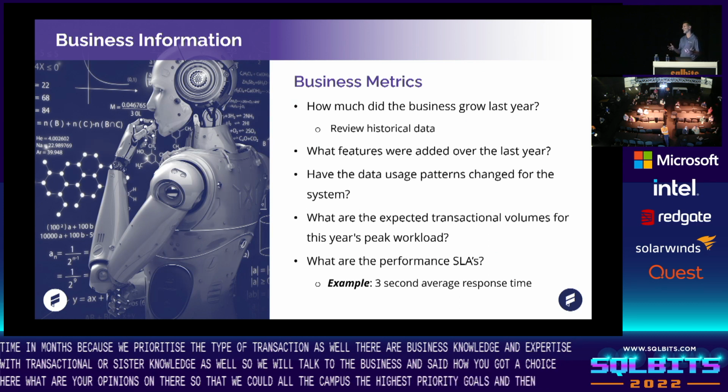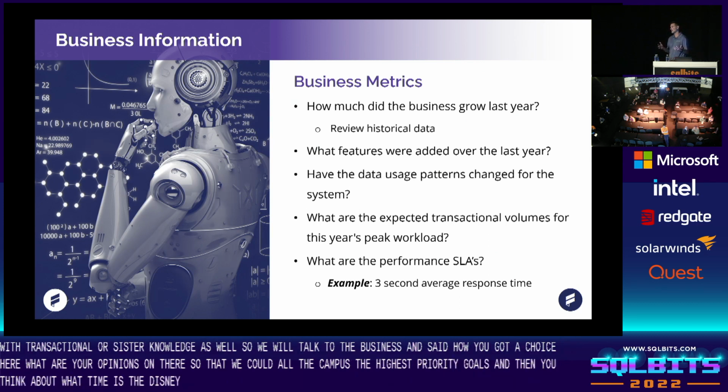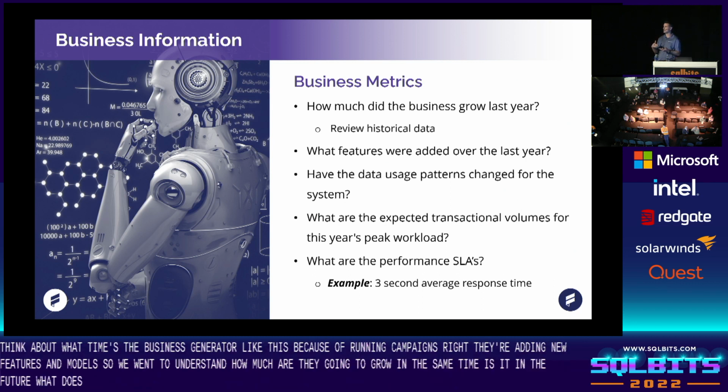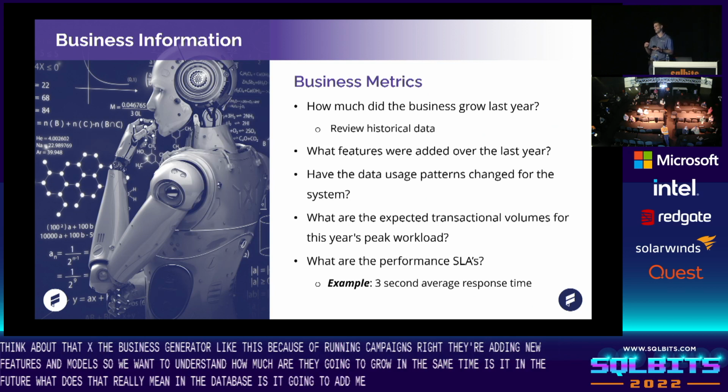And then you think about, a lot of times the business generates a lot of this because they're running campaigns, right? They're adding new features and modules. So we want to understand how much they are going to grow, and at the same time, if they implement a feature, what does that really mean in the database? Is it going to add a couple megs per week or a couple gigs per week?